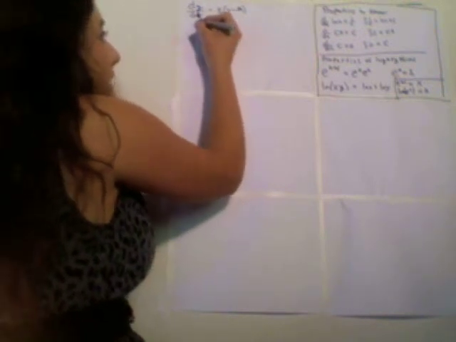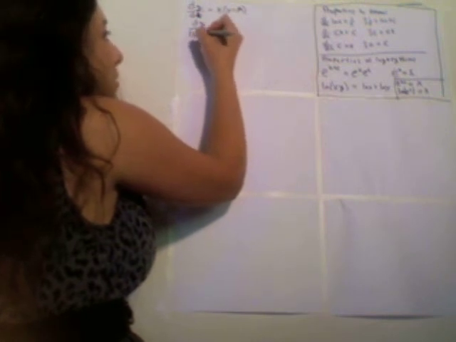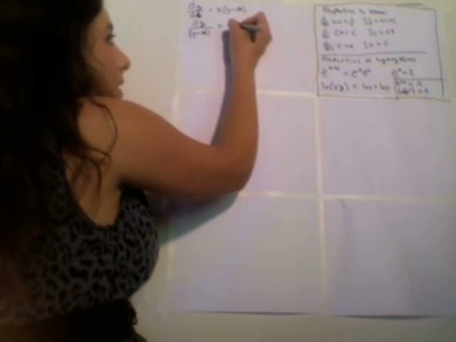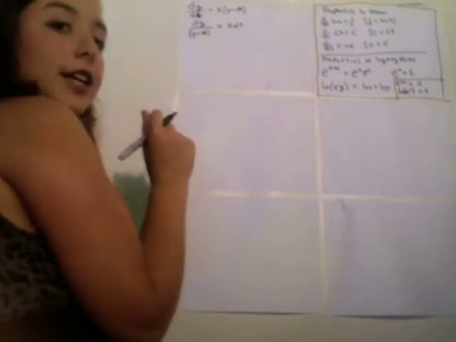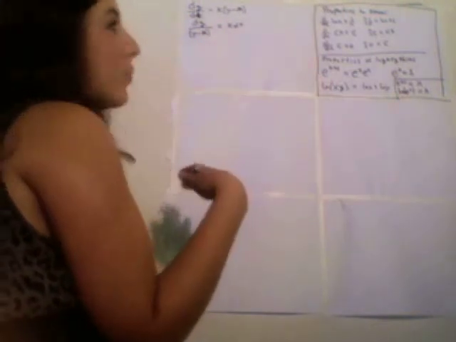So dy over (y minus m) equals k dt. Now, I am going to take the integral of both sides to get rid of these dy's and dt's and get back to the original equation.